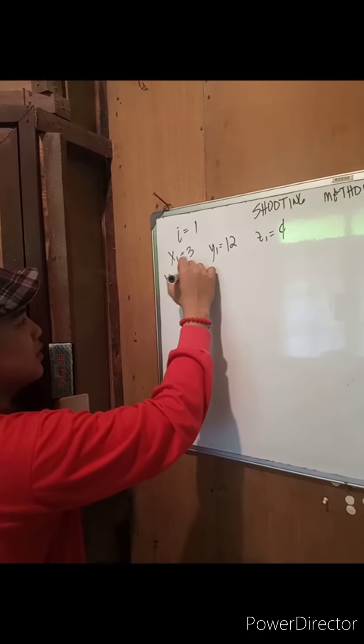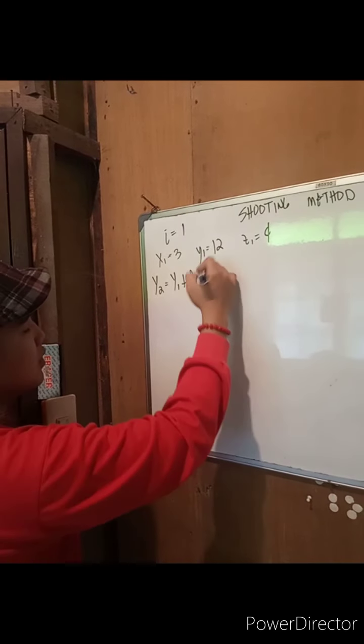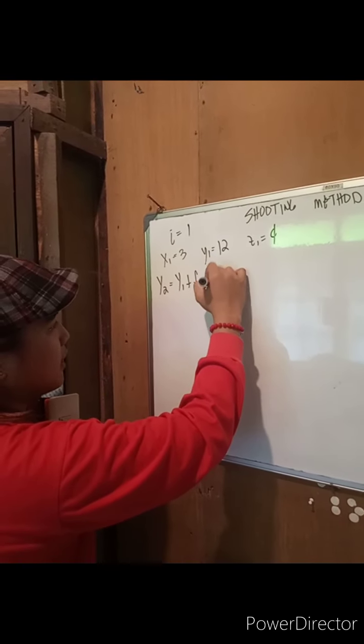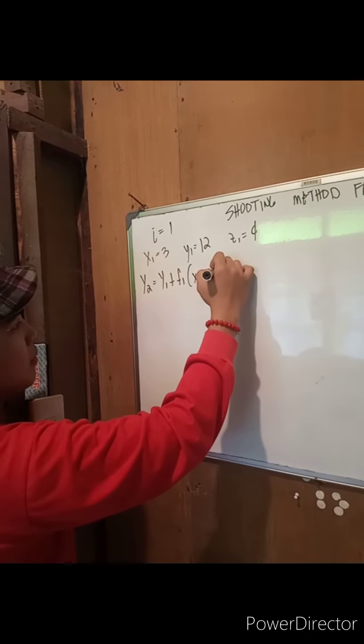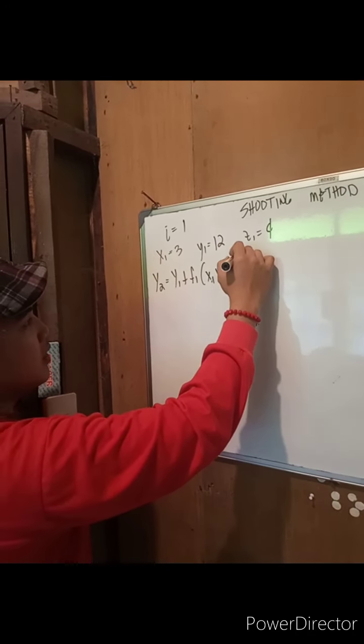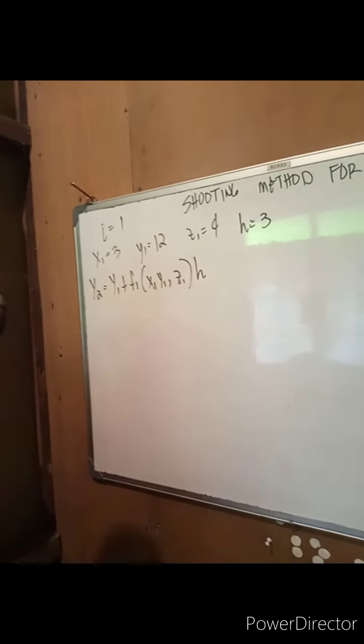Ang formula is y sub 1 plus function ng 1 times yung (x sub 1, y sub 1, z sub 1) times yung height. Yung height na natin is 3.